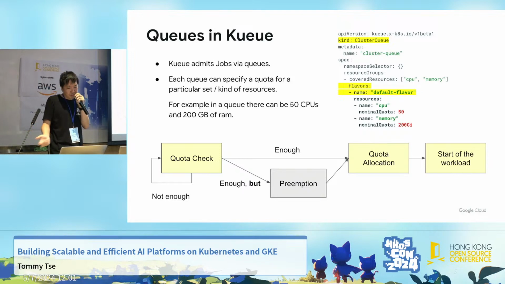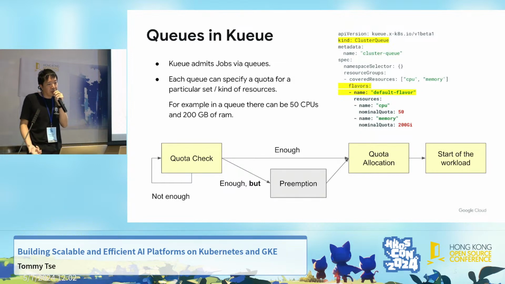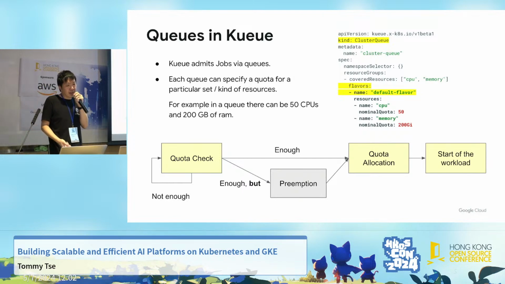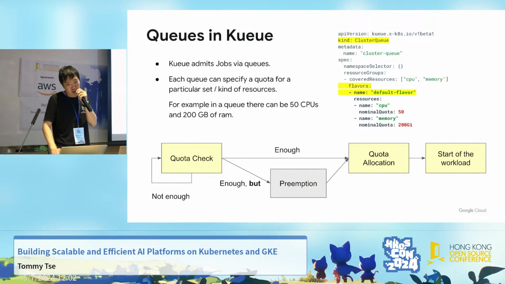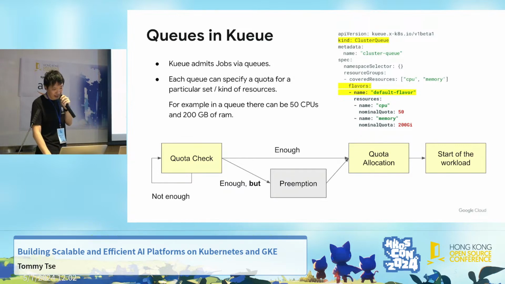In this example, I can set a queue with a quota of 50 CPU and 200 gig of RAM. What Kueue does is it will do the quota check when someone submits to that queue, and if there's enough quota, it will just let it run. If it doesn't, then of course it will just pause the job there. And there's also a preemption feature there. I will show you maybe a quick demo if I have time for that.